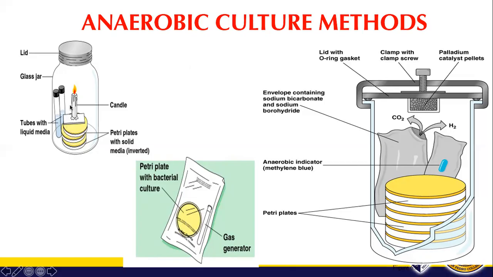Then stick a candle on a glass slide, light it up, and close the jar. The candle inside will remain lighted so long as there's oxygen in the environment. When it has consumed the oxygen, the light will turn off. That signifies that the system is already anaerobic.